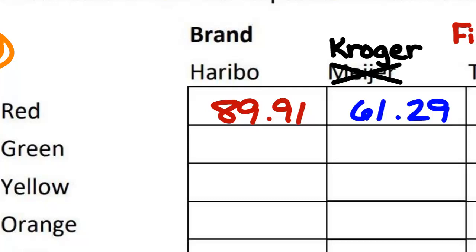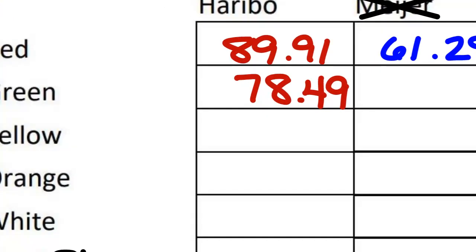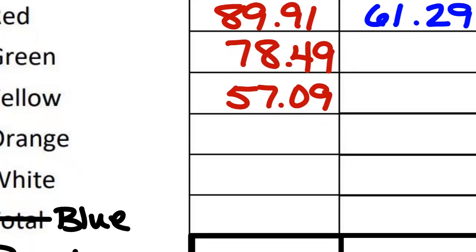What'd you guys get for green Haribo? 78.49. What about yellow Haribo? 57.09. Did you get the same thing? No, I got something slightly different. Okay. What about orange Haribo?